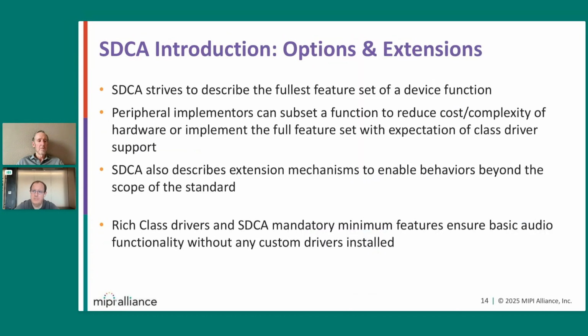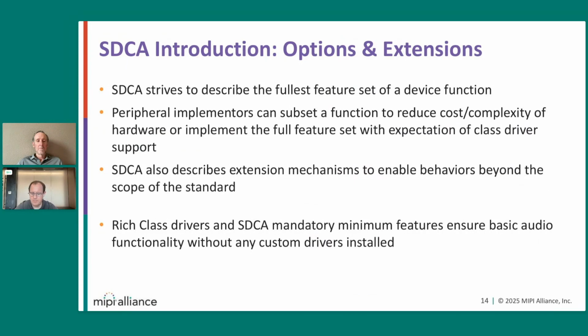A little bit more about options and extensions. SDCA describes a fairly rich feature set for each type of device function. A lot of those features are optional because obviously not every peripheral needs to be a top of the line fancy version of a thing.